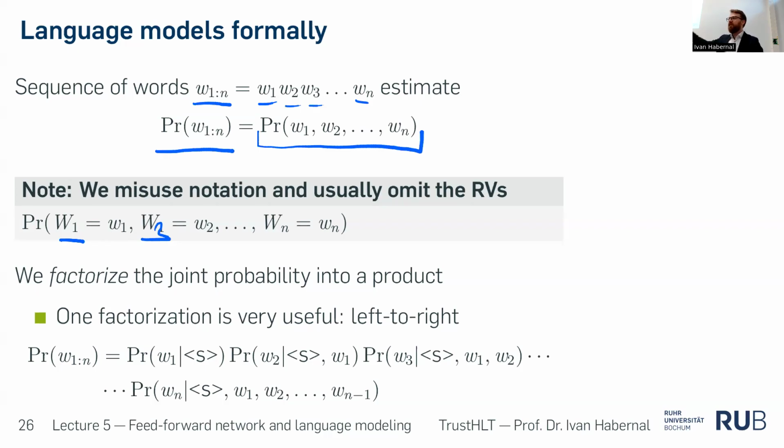So we have a set of random variables for the first word, second word, third word, and so on, and a joint probability distribution of these variables. We are interested in the joint probability of seeing exactly these words. What we actually write simplifies that without naming these random variables, so don't be confused by that. So we have a joint probability distribution, and we can factorize the joint probability into a product.